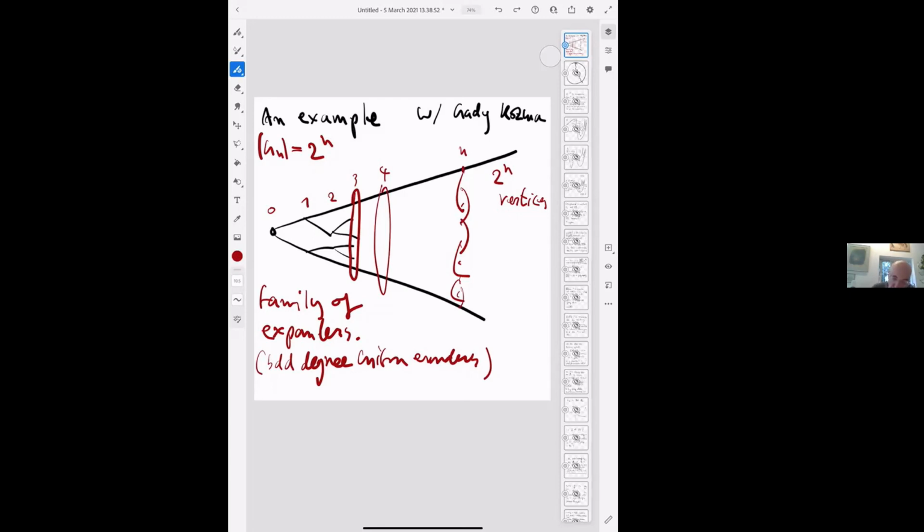The random walk starting here or here, after making some jumps each time in the expander, eventually forgets the history. Or if you want, you look at the harmonic measure here for this random walk, and compare it to the harmonic measure here.